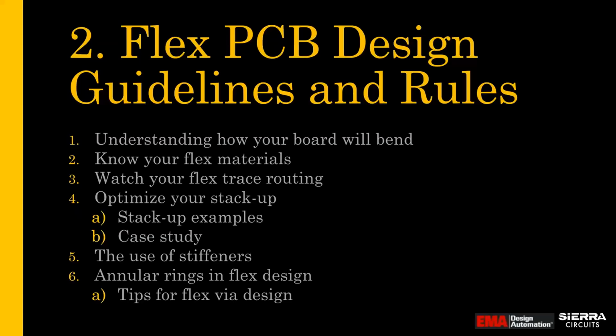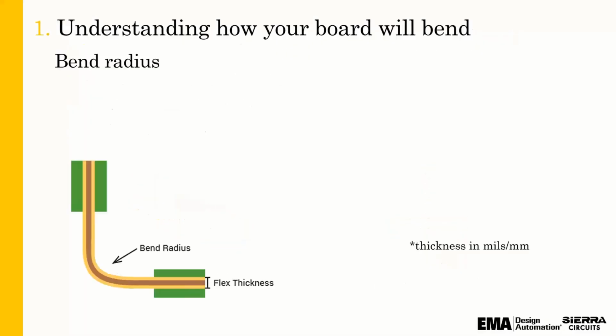Okay, so I think these are the key points in saying that you have a good understanding of flex. Understanding, of course, how the board will bend, understanding a little bit about the materials, how you route, which Janine will go into later. All that's really important. I think bend radius is super important.